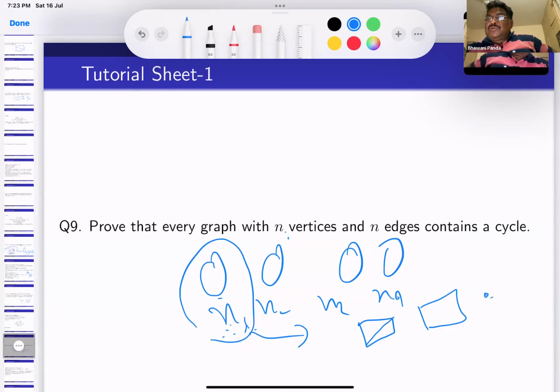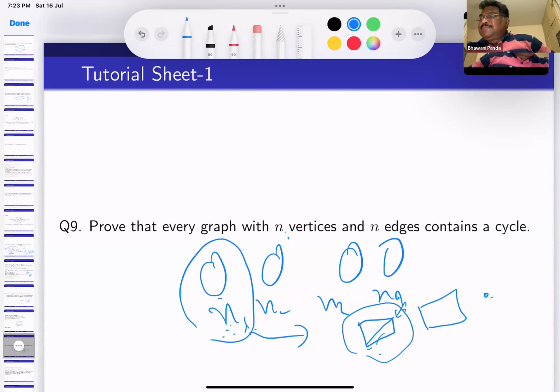So as I told you, in most cases, without loss of generality, we may assume a connected graph. In this case also, the graph is not connected. You look for a component, and at least one of the components will have equal or more edges than vertices, because if each component had fewer edges than vertices, then the total number of edges would be much less than n.